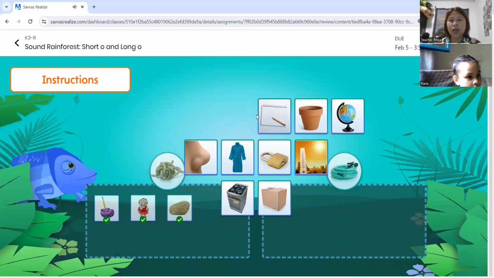How about this picture? What is this picture? Do you know what this is, Rana? No. So this is a note. Can you spell note?